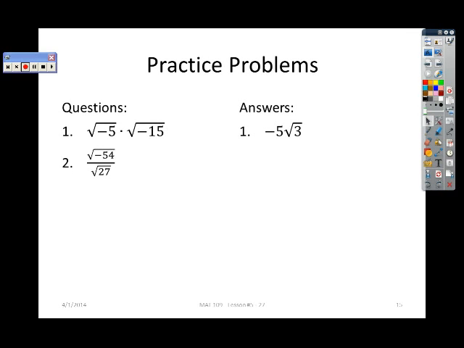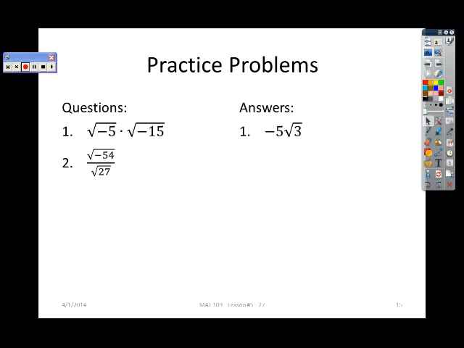So remember that if you're multiplying radicals, if they have the same index, you can just multiply the two radicands together. If you're dividing them, you divide the two radicands. Anytime you begin with two radicals, I would suggest you combine them first, then simplify that result.